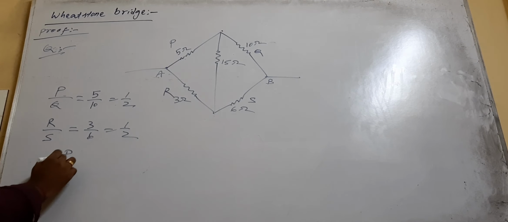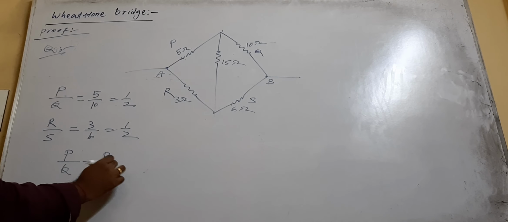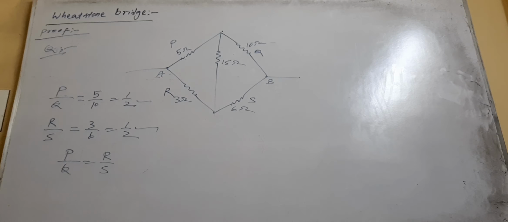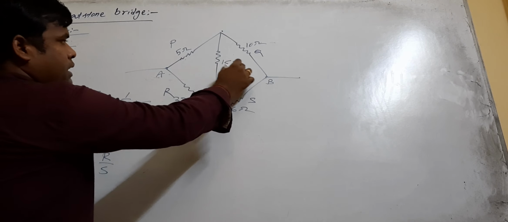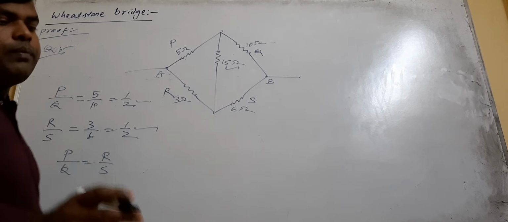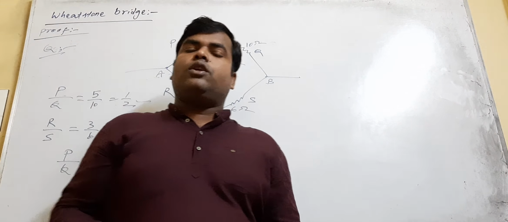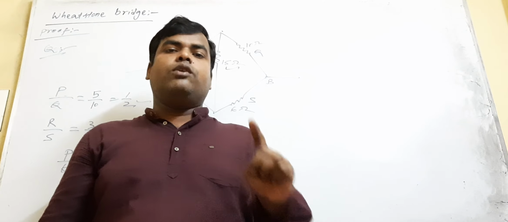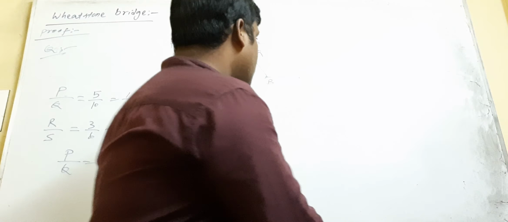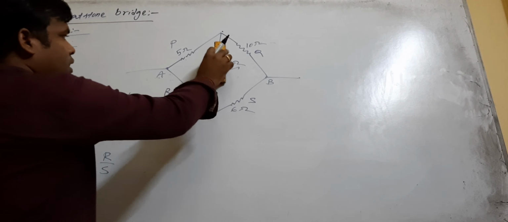That means P by Q is equal to R by S, you see here. That means the bridge is balanced. The bridge is balanced means no current flows through this resistor. So you remember, in an electrical network, if no current flows through a resistor, you will ignore that resistor. So now we will ignore this resistor.